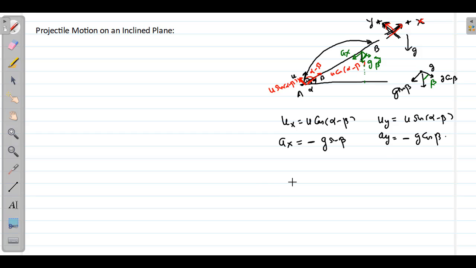Similar to the previous case, we can apply this to find the time of flight. For time of flight, we have to find the time for which the projectile remains in air under gravity.